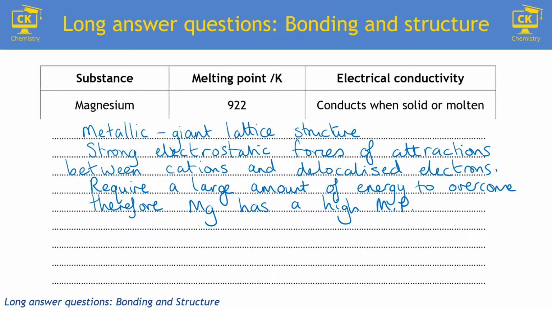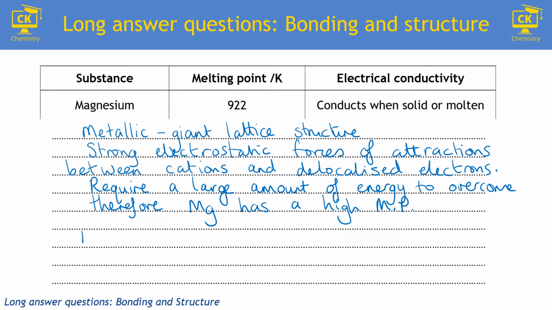Now we look at conductivity. We don't need to repeat ourselves. We've already explained what metallic bonding is. So now we just identify what part of that is responsible for the conductivity. Conductivity is about charged particles that are able to move.